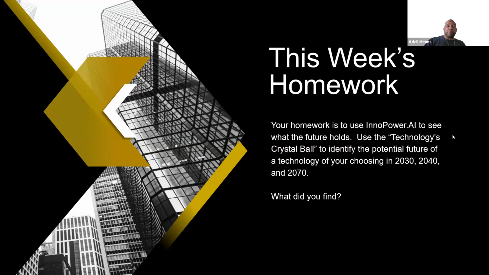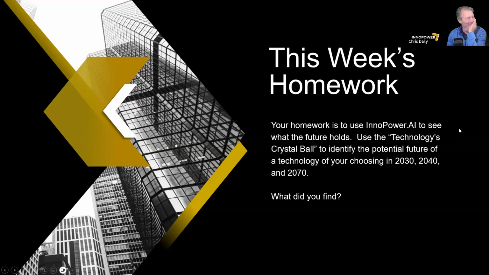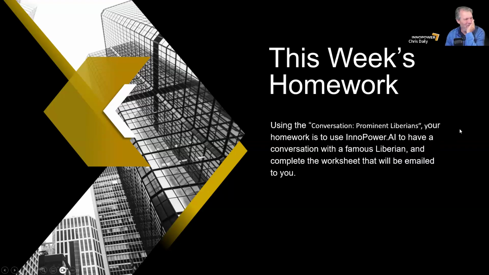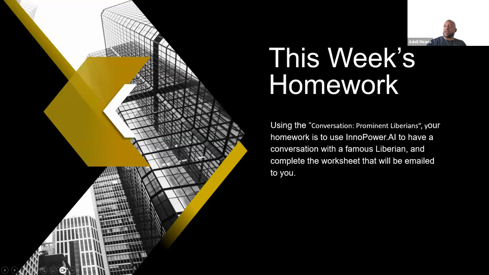Actually 2030, I'm kind of curious to see if somebody comes up with robot stuff, as I mentioned before. And then, using the conversation with prominent librarians, your homework is to use AI to have a conversation with a famous librarian and complete the worksheet that will be emailed to you.